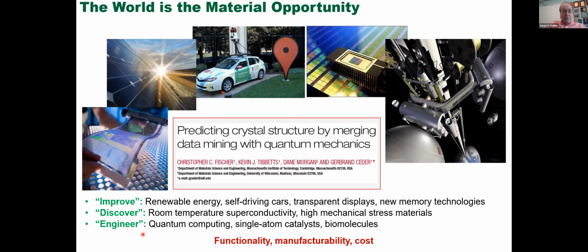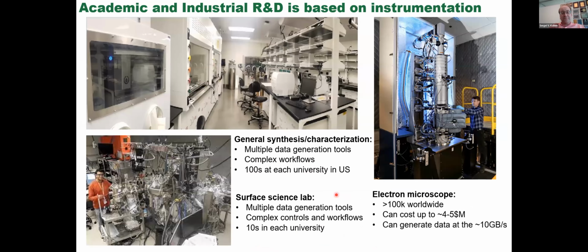So if we talk about solid state quantum computing or single atom catalysts, we actually need to make them. However, it's not enough to make things on the lab level. We need to think not only about the functionality, but we also need to think about the manufacturability and cost. So these are the 3 parts that determine the applicability and usefulness of any specific material.